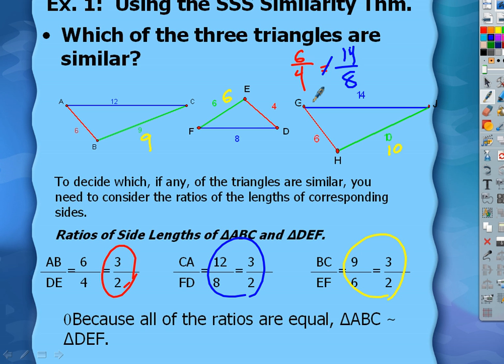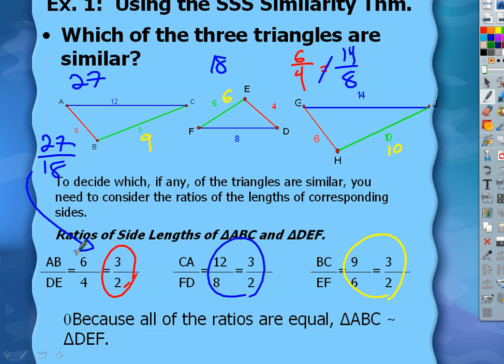It would work for the perimeters for sure, wouldn't it? We know it would. These are similar triangles, so if we added up this perimeter, we would just get 15 and 12 is 27, and here I'm going to get 18, and 27/18 for sure is 3/2, isn't it? It is. I can just divide 9 out of the top and the bottom.